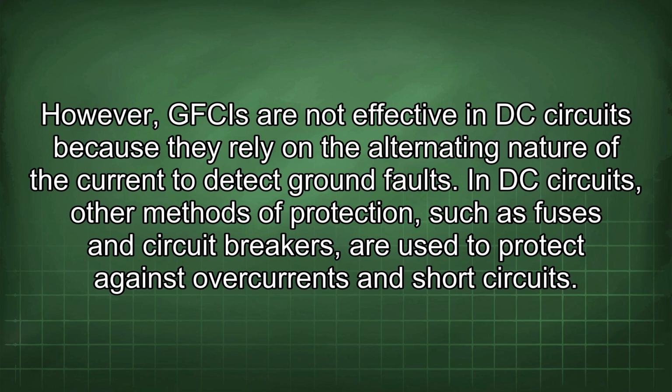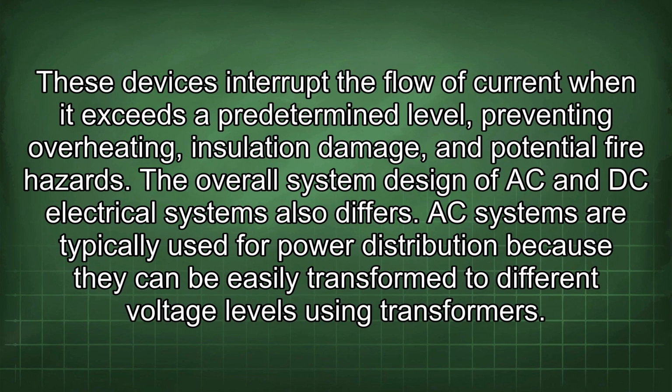However, GFCIs are not effective in DC circuits because they rely on the alternating nature of the current to detect ground faults. In DC circuits, other methods of protection, such as fuses and circuit breakers, are used to protect against overcurrents and short circuits. These devices interrupt the flow of current when it exceeds a predetermined level, preventing overheating, insulation damage, and potential fire hazards.